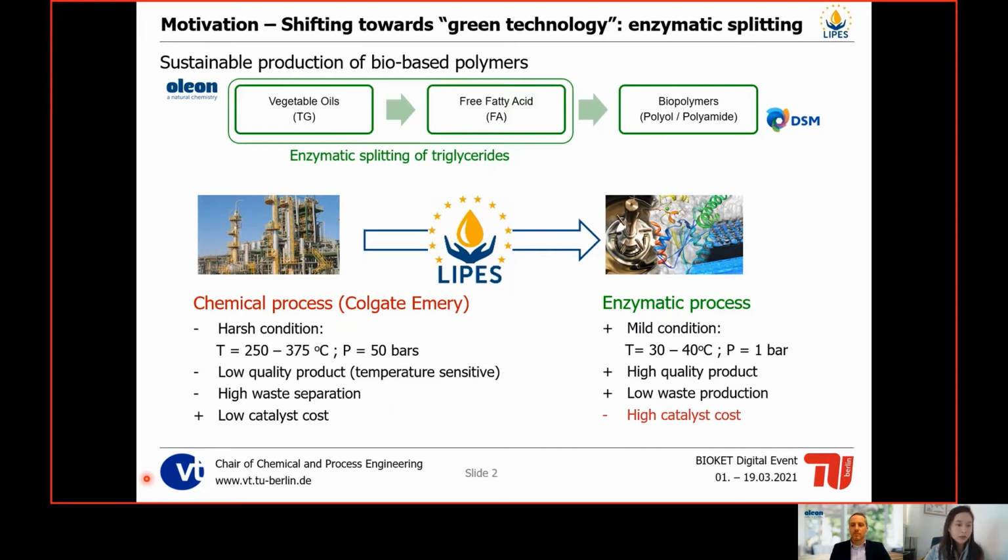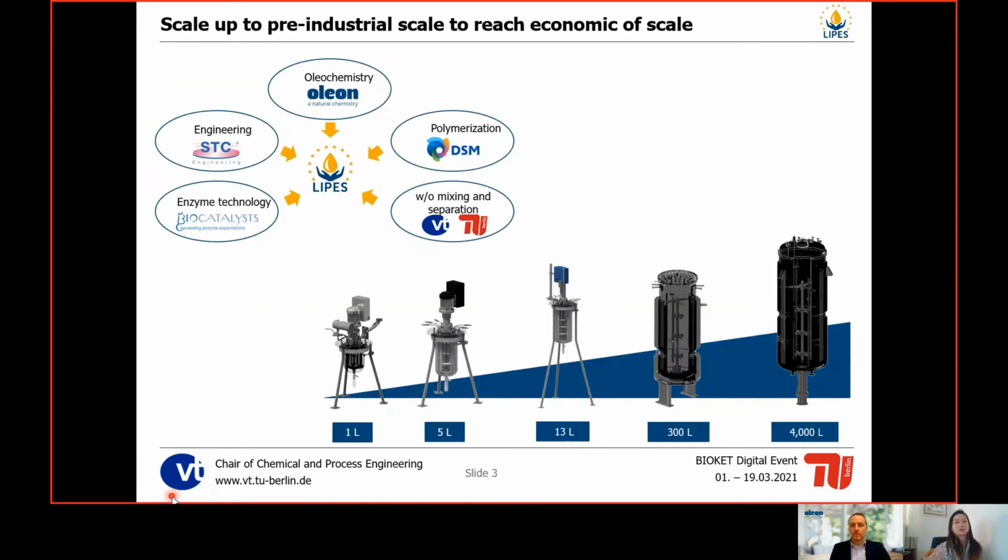In order to do that, we also have to scale up the process from lab scale into a pre-industrial scale with a reactor of 4,000 liter, so that we can reach some kind of economic scale. And to do that, we are a consortium of 5 partners, and as I said before, Oleon is the leader for oleochemistry.